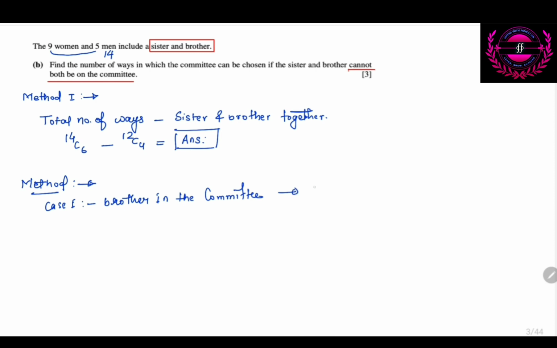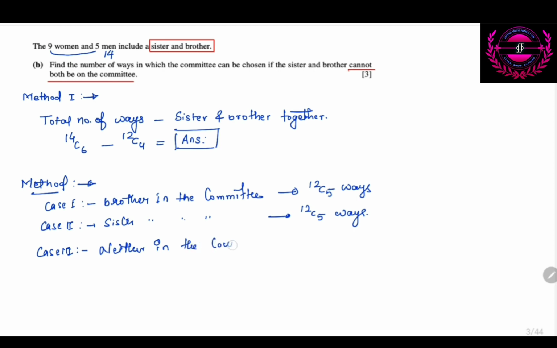So the number of ways equals 12C5. Case 2, the sister is in the committee. If I ask you the number of ways, again it is the same. If the sister is selected, I can select the remaining 5 out of the remaining 12, excluding the brother, in 12C5 ways. And the last one, neither of them is in the committee.